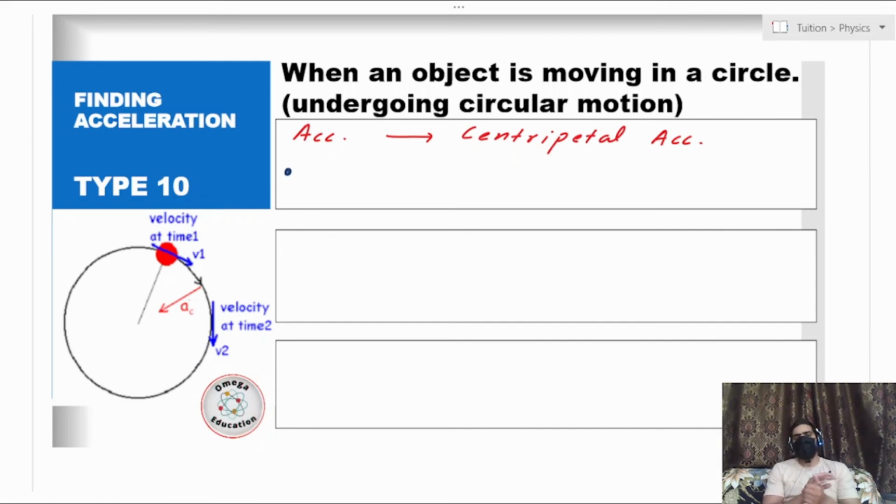All right, once again, the topic for today is not to explain the circular motion, which I might be doing in some other video, but right now we are confining ourselves to the problems related to acceleration.